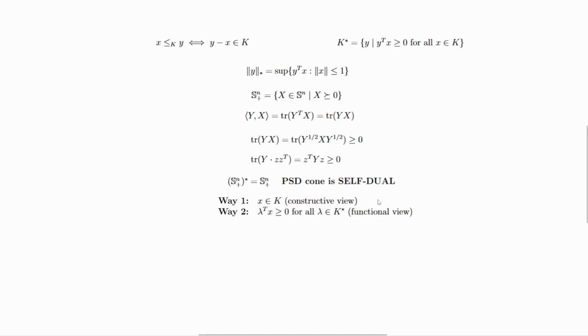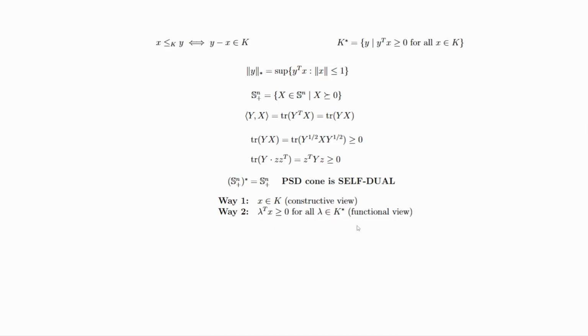But we can also look at the dual characterization, which is that the set K is all X's such that lambda transpose X is greater than or equal to 0 for all lambda in the dual cone K star. So this is the functional view.